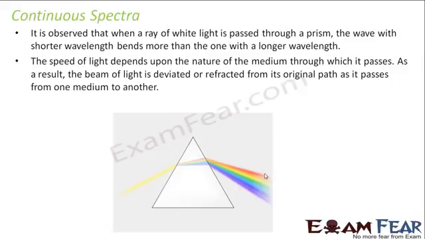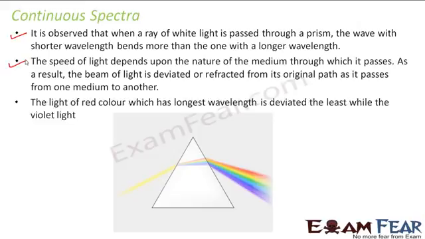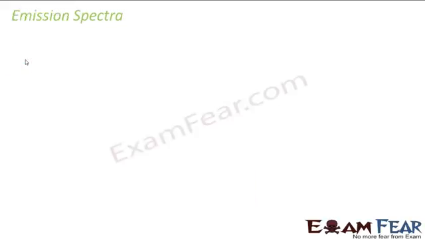As a result, the beam of light is deviated or refracted from its original path as it passes from one medium to another. We have discussed this dispersion of light in detail, so I will not spend more time on this. The light of red color, which has the longest wavelength, is deviated the least, while the violet light is deviated the most.